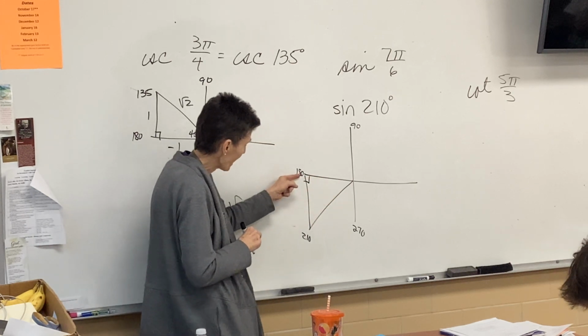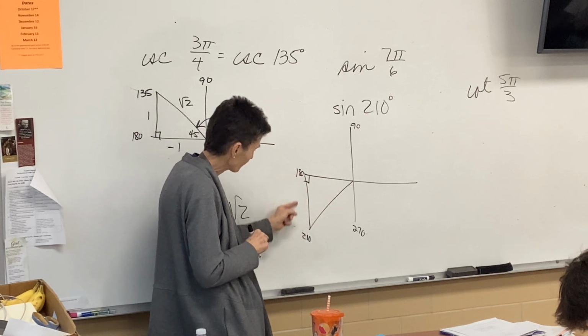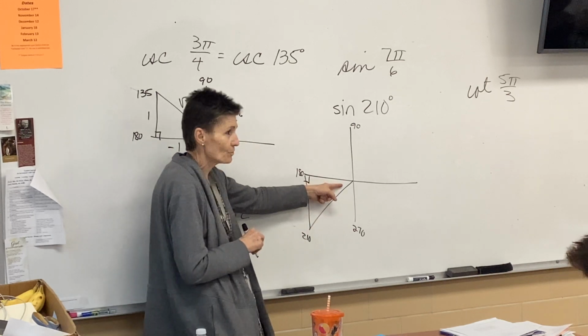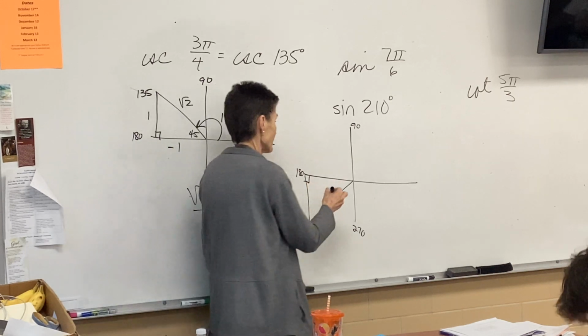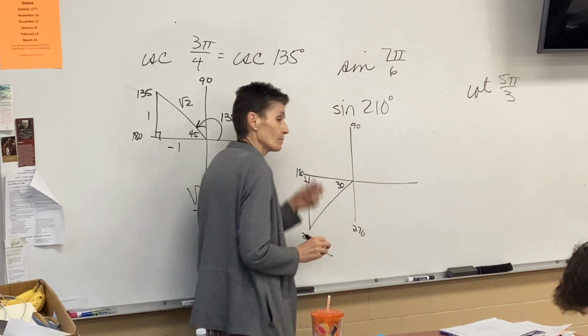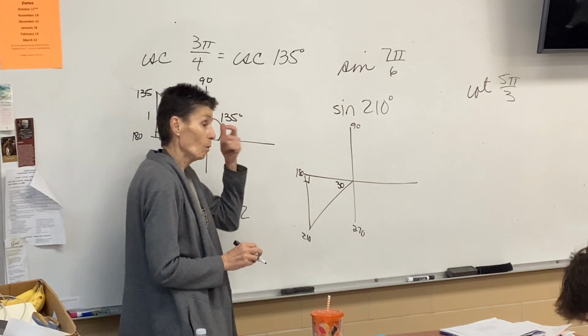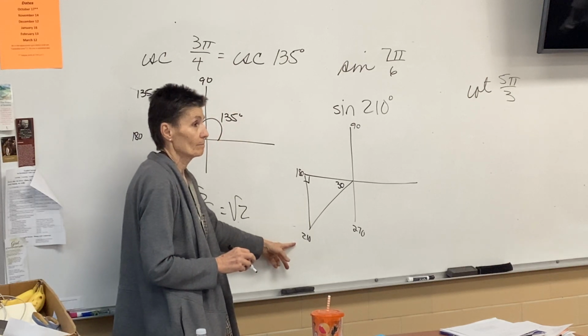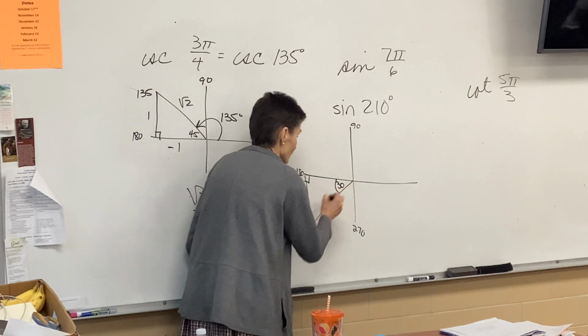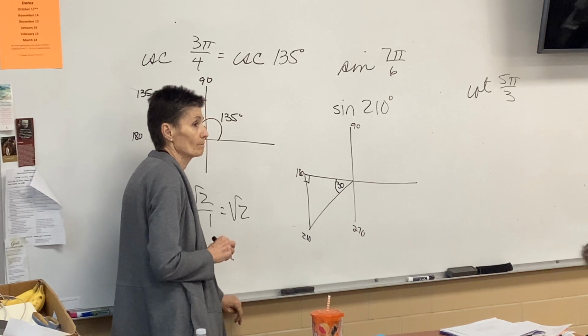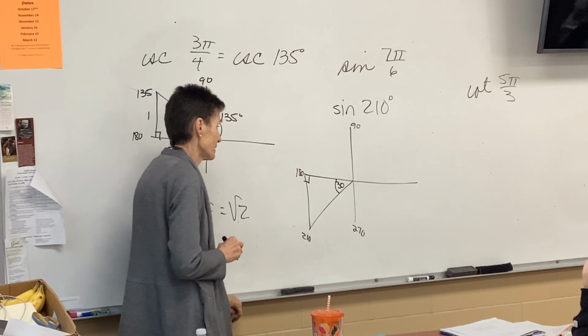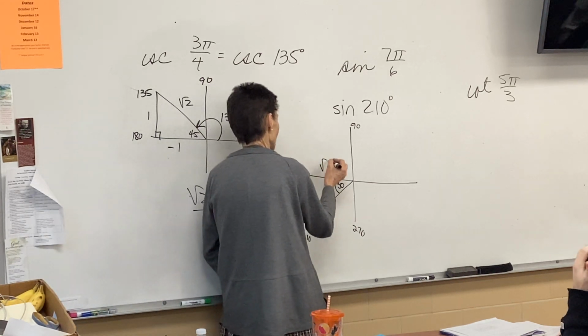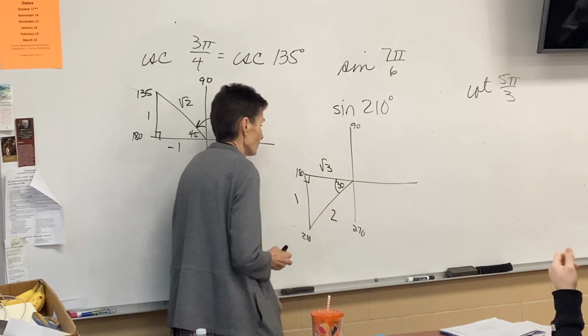How far past 180 do I need to go to get to 210? 30. That's a 30. 180 plus 30 is 210. My sides are 1, root 3, and 2.